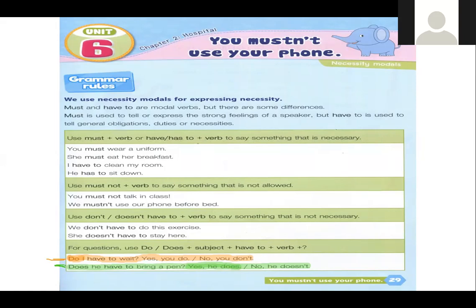Posh, can you hear me? Yes, yes. Can you please read the sentence in green for me at the bottom? Can you please read the sentence, this one? Does he have to bring a pen? Can you please read it for me?